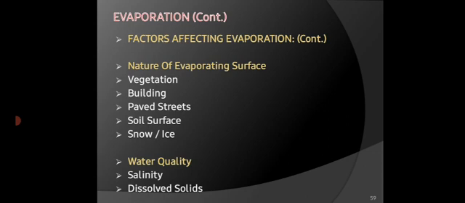So these are the surfaces from where the water gets evaporated. Water quality, salinity, dissolved solids: if salinity is more, if the dissolved solids are more in water, evaporation gets reduced, or the rate of evaporation is less.